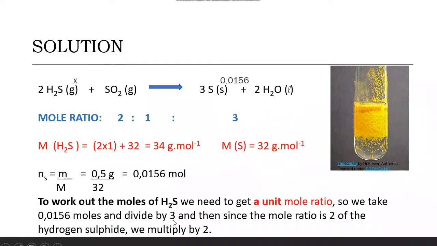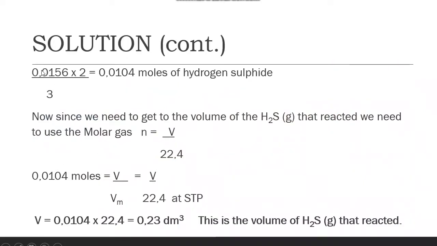And then the mole ratio is 2 of the unit mole on this side, so we multiply by 2. So the next step is to take that value, 0.0156, divide it by 3 to get the unit mole, and then multiply by 2. So now we know we would actually have 0.0104 moles of hydrogen sulfide.